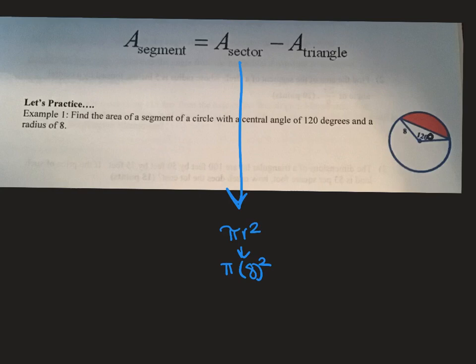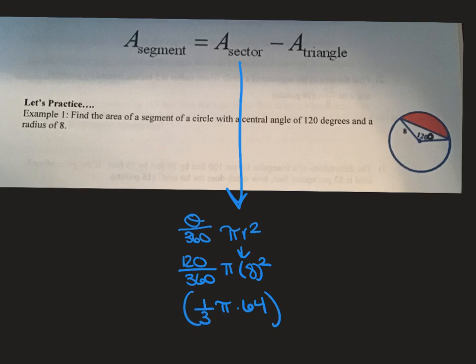I want just part of the circle, that theta over 360. So my central angle is 120 over 360 degrees. And I'm going to simplify this one time, because 120 over 360 is a third. And then pi times 8 squared, which is 64. So this is the first piece.